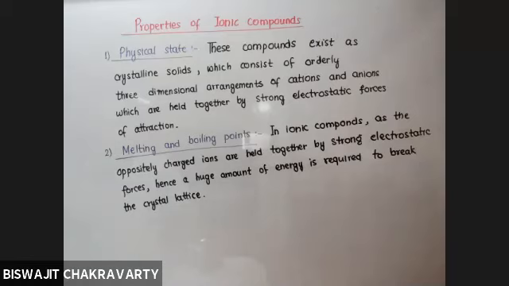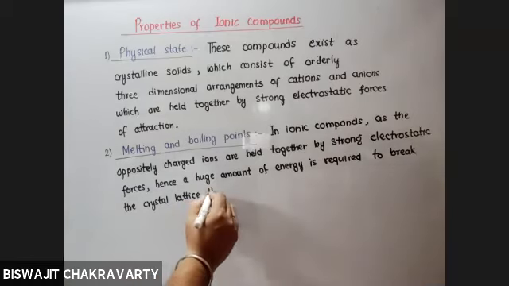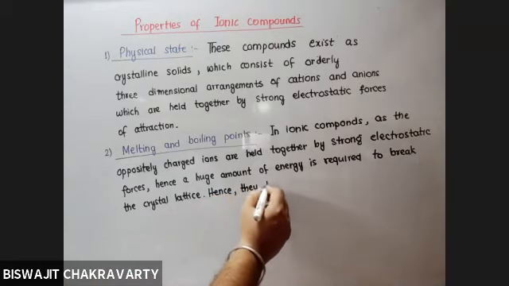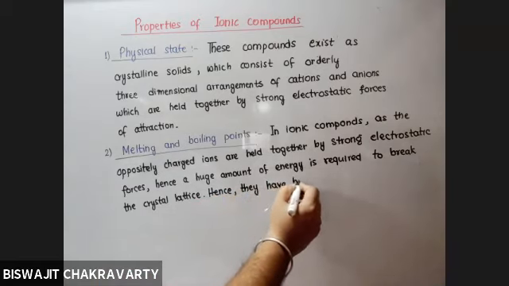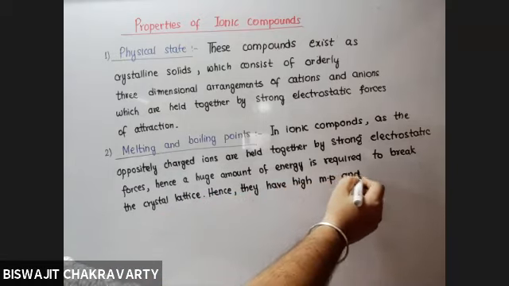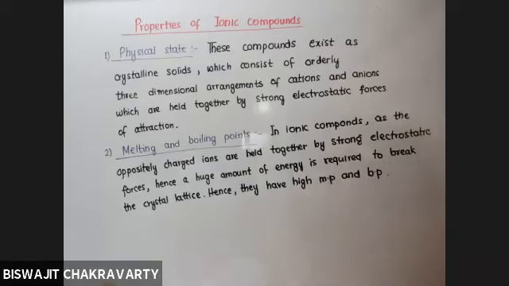So the ionic compounds are very strongly built, and that is why you need to supply a huge amount of energy to separate them. Hence, they have high melting and boiling points. I hope it is clear.